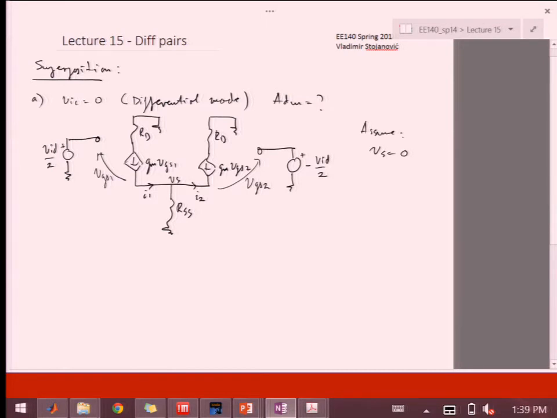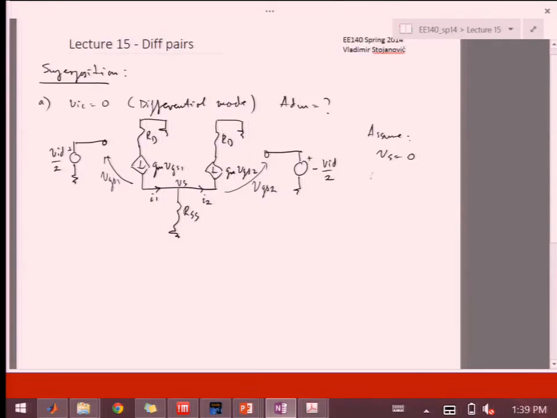Do people see that? So if Vs equals 0, VGS1 equals minus VGS2, so VID over 2. Therefore, I1 equals I2. So if this is true, then there's no current flowing through RSS. If there's no current flowing through RSS, what's the potential at Vs? So I RSS equals 0, and therefore Vs indeed is 0.